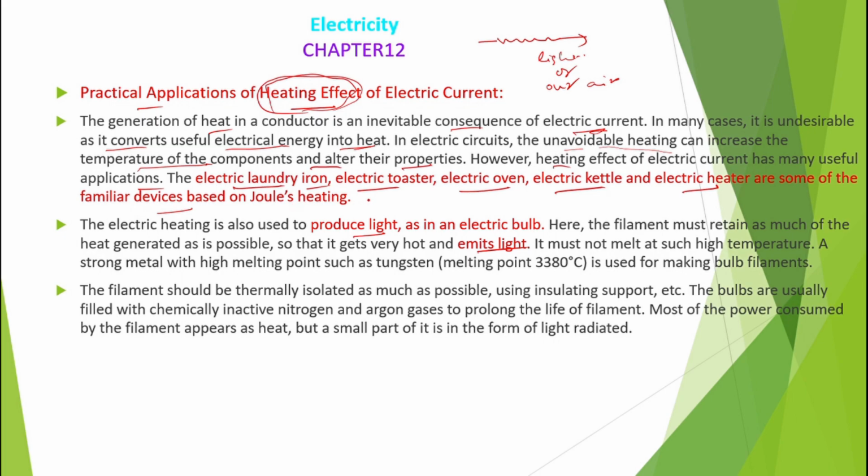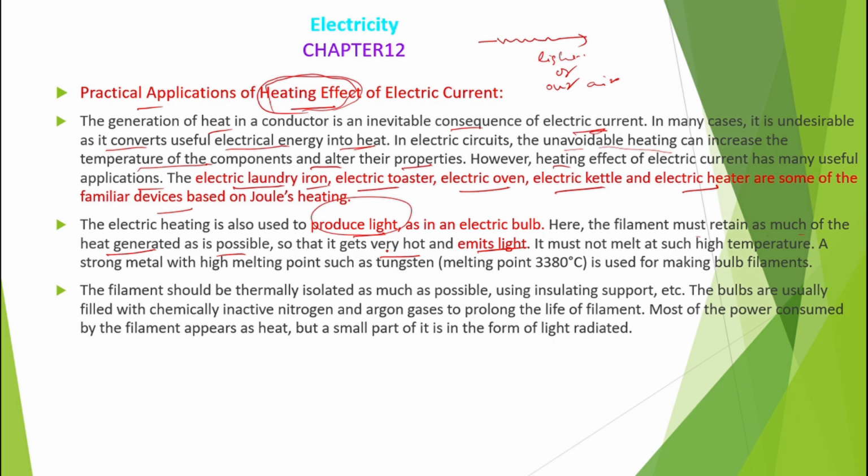I told you, same. So electric heating is also used to produce light. As in the electric bulb, here the filament must retain as much of the heat generated as possible, so that it gets very hot and emits light.